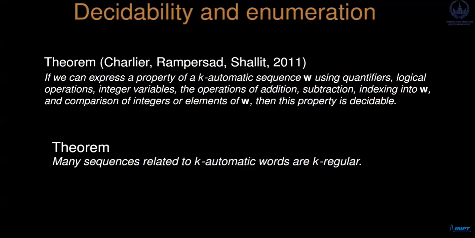If we can express a property of a K-automatic sequence W using quantifiers, logical operations, integer variables, the operations of addition, subtraction, indexing into W, and comparison of integers or elements of W, then this property is decidable. In other words, if we can describe a property of a K-automatic sequence in terms of these basic logical and arithmetic operations, there exists an algorithm that can decide whether this property holds.